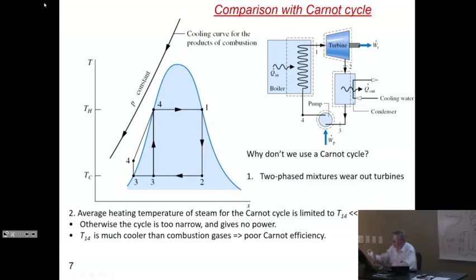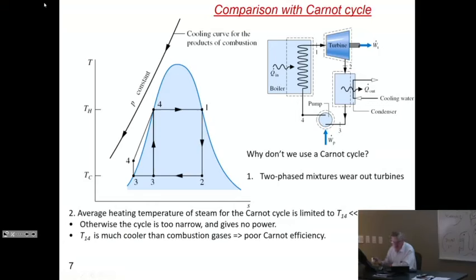The third problem with all these cycles, and we will come back to this. Here is the combustion in your steam generator. You have a flame in your steam generator. A blue flame is typically at 2000 degrees centigrade. This is 500 degrees centigrade and you get no work. This, in a Carnot cycle, you would have to limit at 350 or 400 degrees C. The temperature between 2000 and 400 degrees C is purely lost.